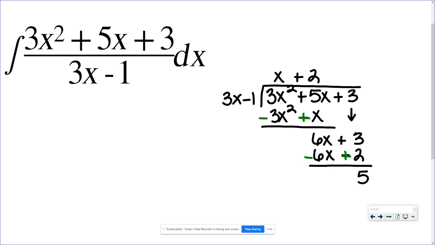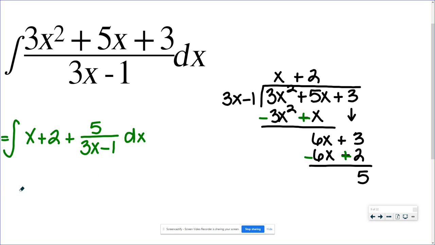All right, let's interpret what this actually means. This means that this original integration question, the top divided by the bottom, is equal to x plus 2 plus the remainder. And the remainder is 5 over 3x minus 1.